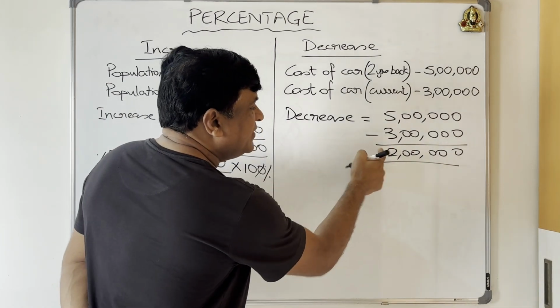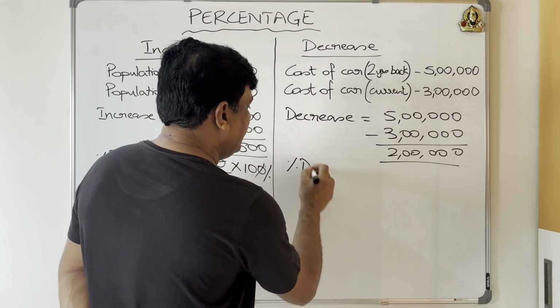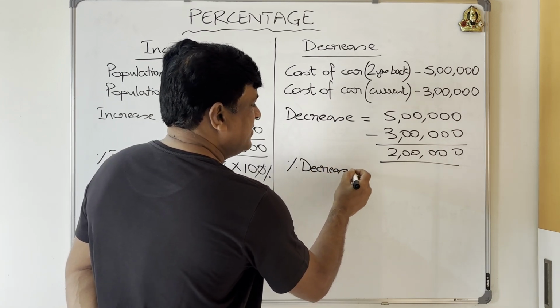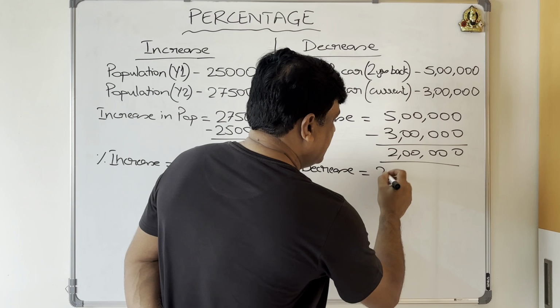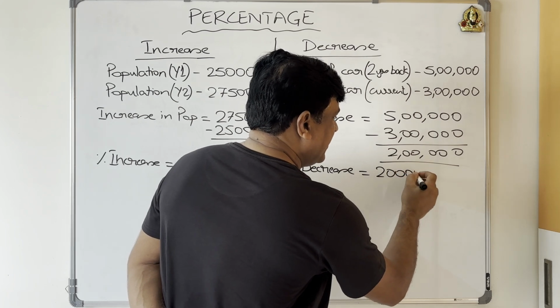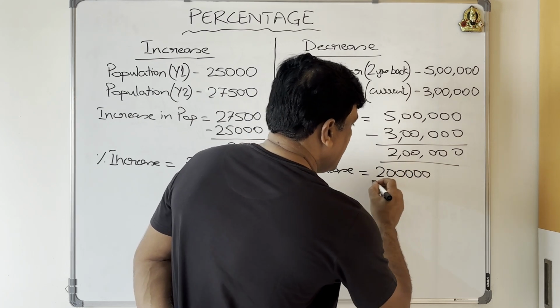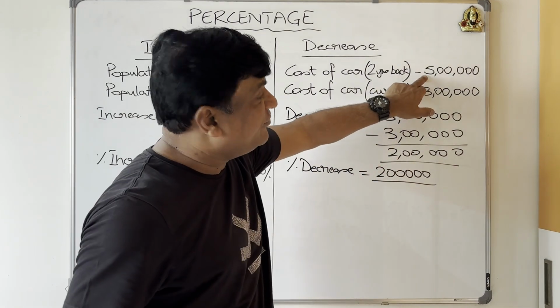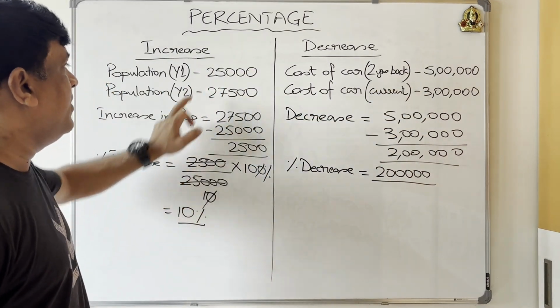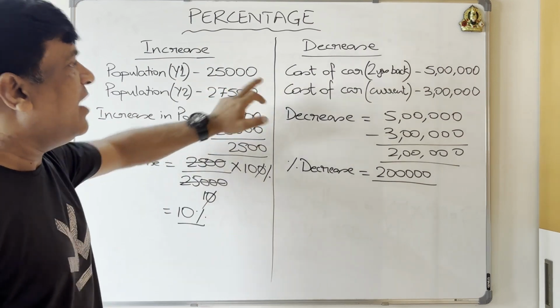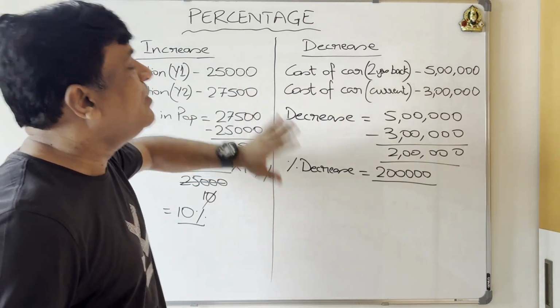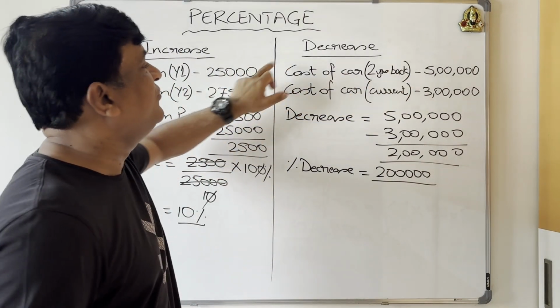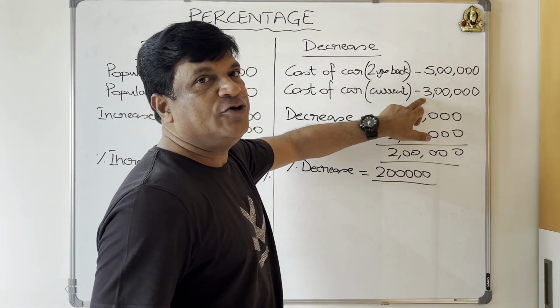Now, what is the percentage change? What is the percentage decrease in this particular case? It is the amount with which it has decreased, which is 200,000, divided by the original amount. In both the cases, remember, whenever you're calculating the percentage, it has to be calculated against the original amount, not against the new amount.